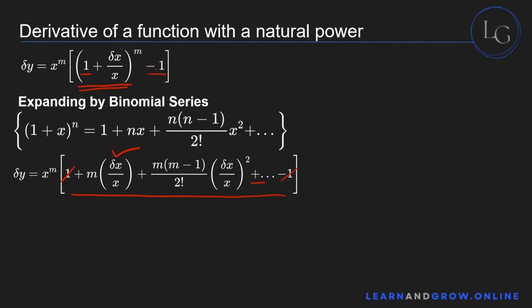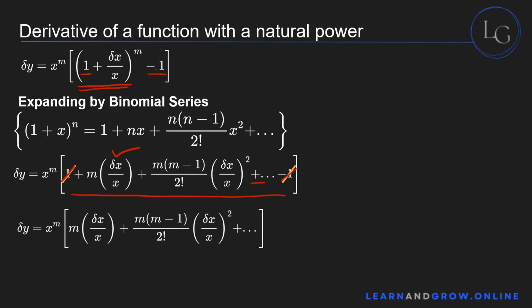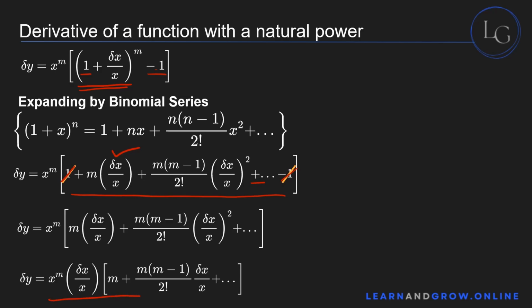So delta x over x will just come in further terms with increasing power. So we can take one delta x over x common from all of this expansion, from this series basically, and the expression will eventually become this.